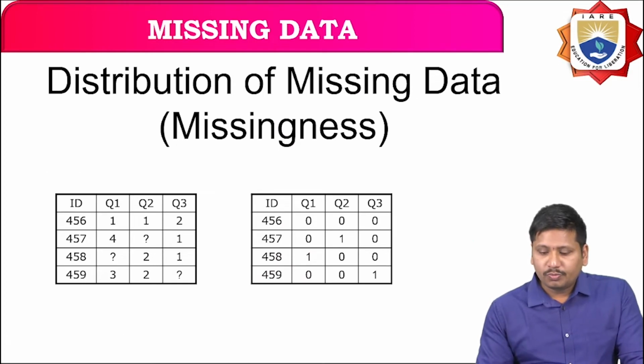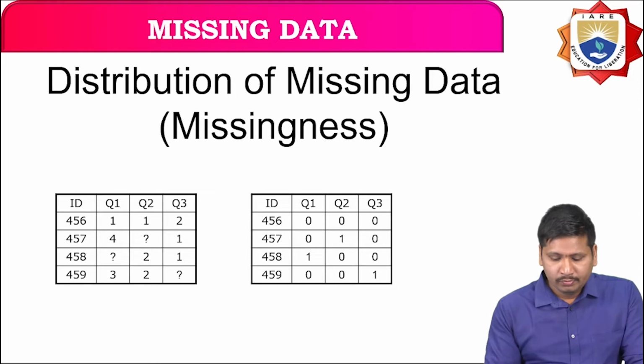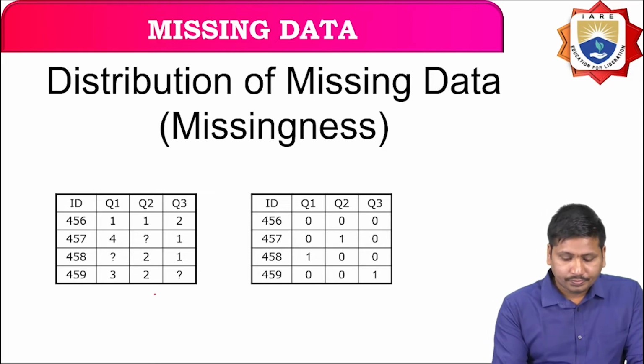And then the distribution of missing data. The distribution of missing data is based on the missingness nature, which I can identify. Consider the example on the left side.